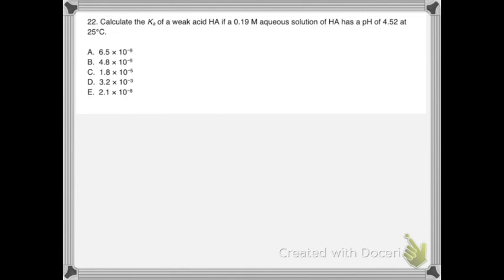Okay, this is a spin on the classic ice table problem. They want us to figure out the Ka of a weak acid given concentration and pH. Let's start by writing the reaction equation. We'll have HA dissociating to form H plus and A minus. We can go ahead and ice it out.